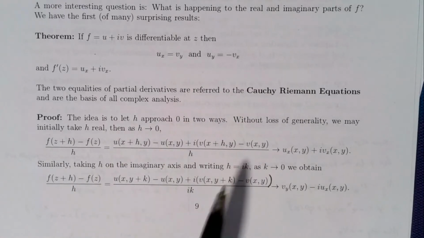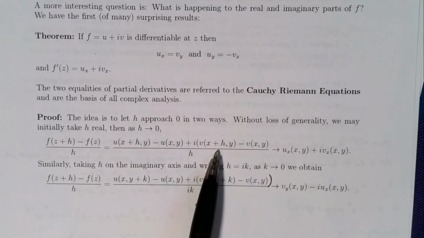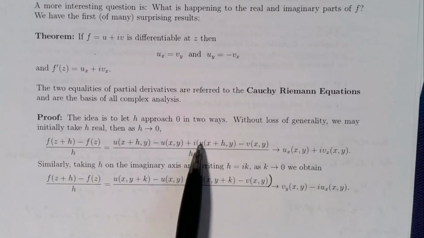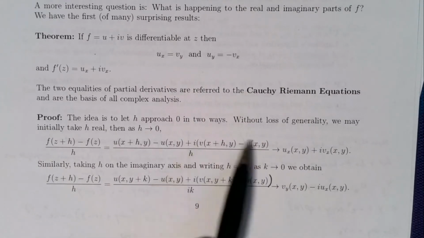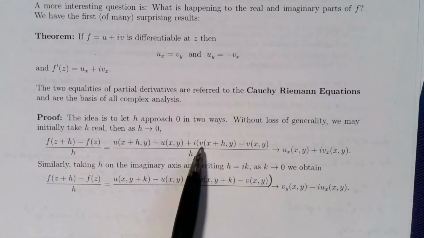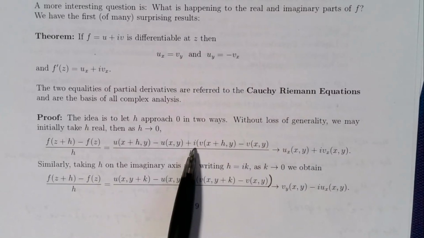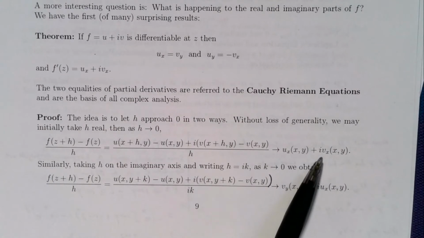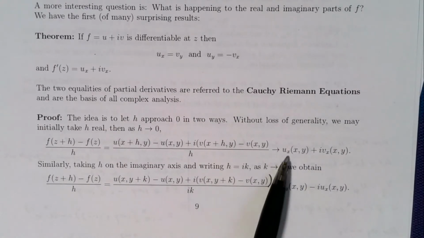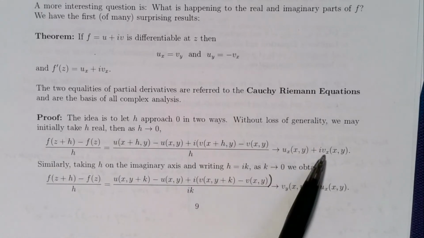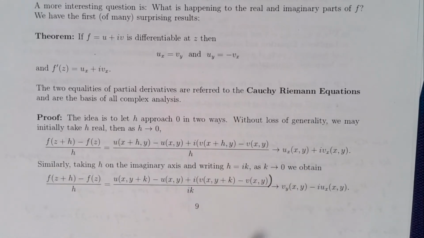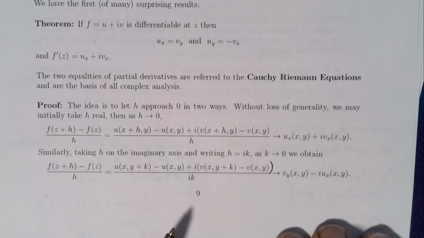And similarly here, if I let h go to 0 on this difference quotient, then this will give me the partial derivative of v with respect to x, and I've got an i multiplying there. So if we take h to be real and let h go to 0, then this difference quotient goes to u sub x plus i v sub x, which is going to be our derivative, in fact.